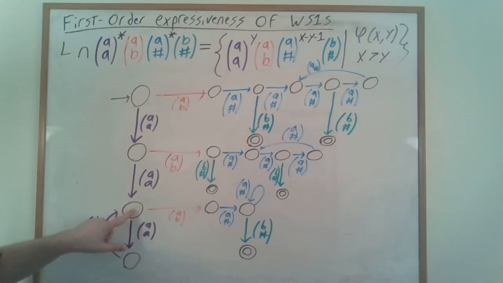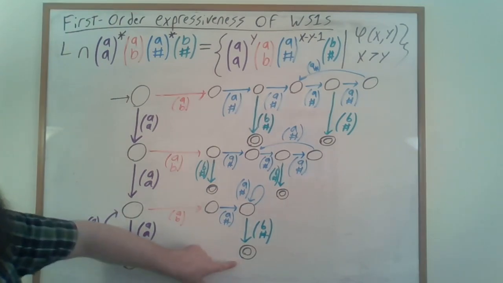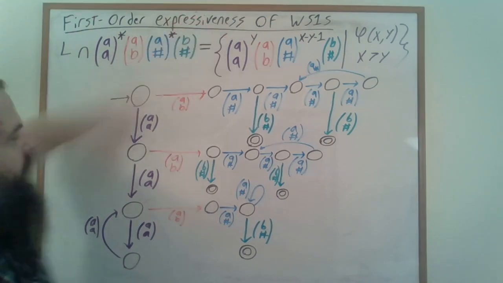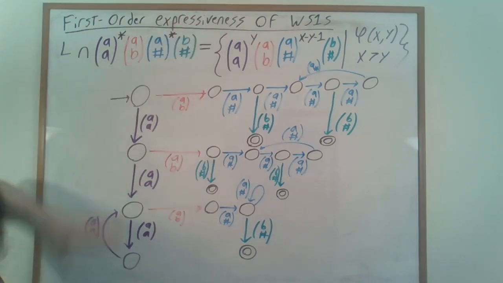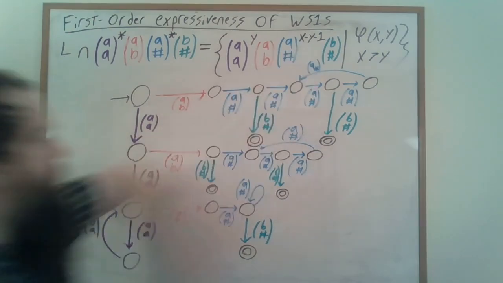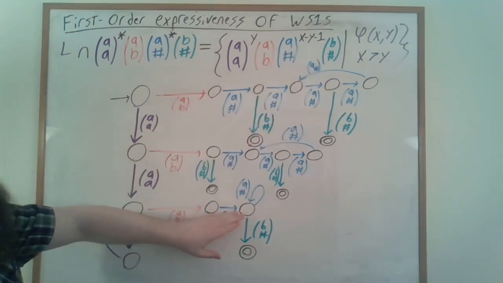And this is after reading a number of AAs that's greater than or equal to 2 and congruent to 2 mod 2. So this accept state here corresponds to y being congruent to 2 mod 2 and greater than or equal to 2, and then x minus y minus 1 being just at least 1.